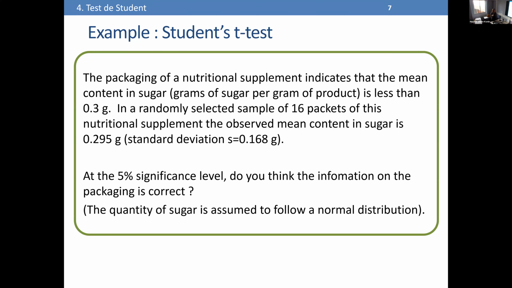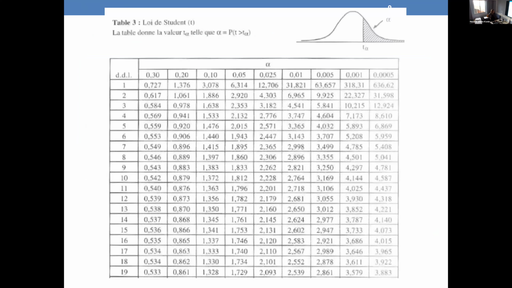So the question we're asking is, for all the packets, for the millions of packets of cereal, there should be less than 0.3 grams. So this is the reference value. So that is your hypothesis, you see? And then we observed in 16 packets a mean of 0.295. Do you understand? So it's different, yeah. But good question.